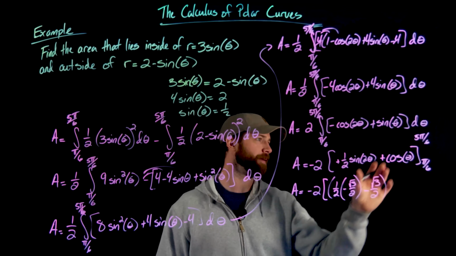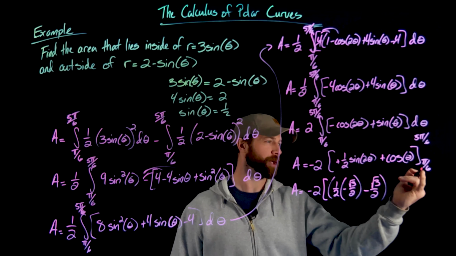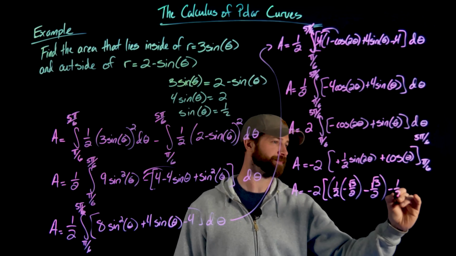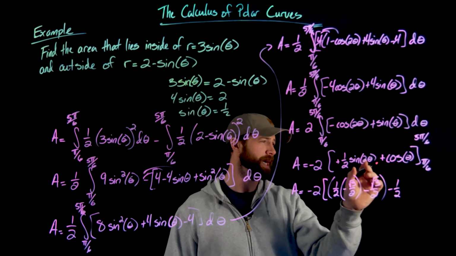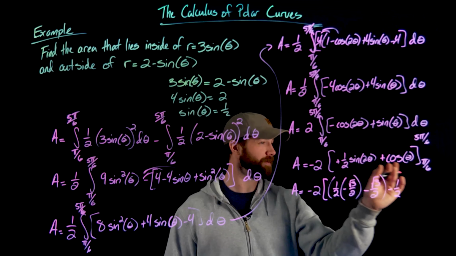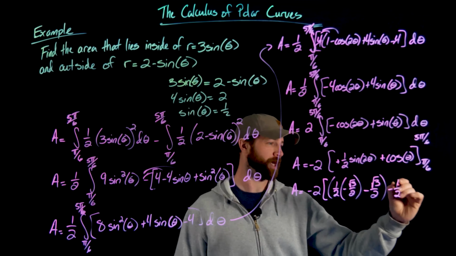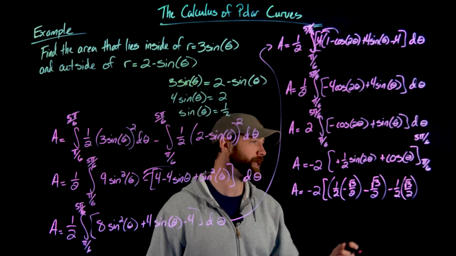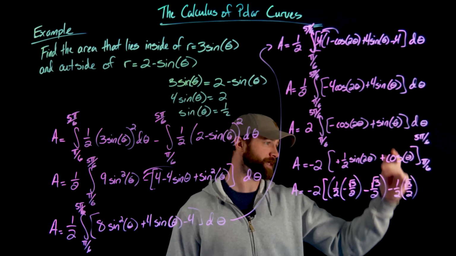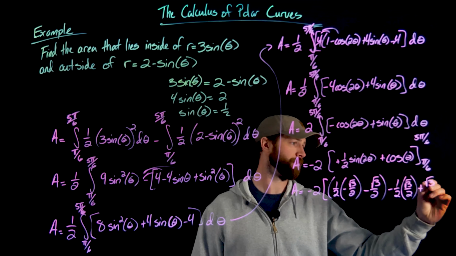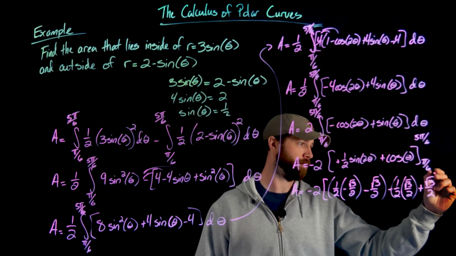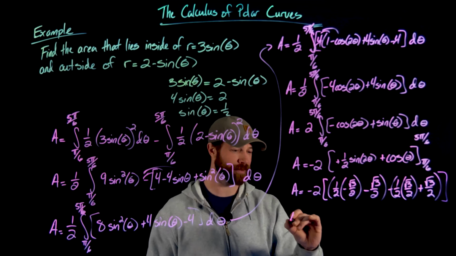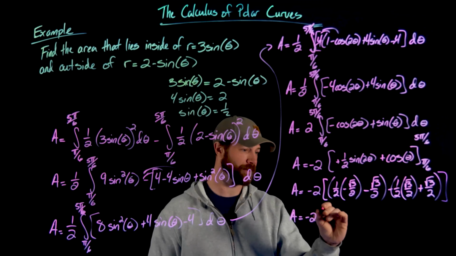And so now we have the 5 pi over 6 plugging in, and now plugging in pi over 6 here. So subtracting 1/2 times the sine of pi over 3, because I'm multiplying that by 2. Sine of pi over 3, well, that's a little bit easier than the other one. That's just root 3 over 2. And then the cosine of pi over 6 is just root 3 over 2. So then just to clean things up quickly here, we have negative 2.